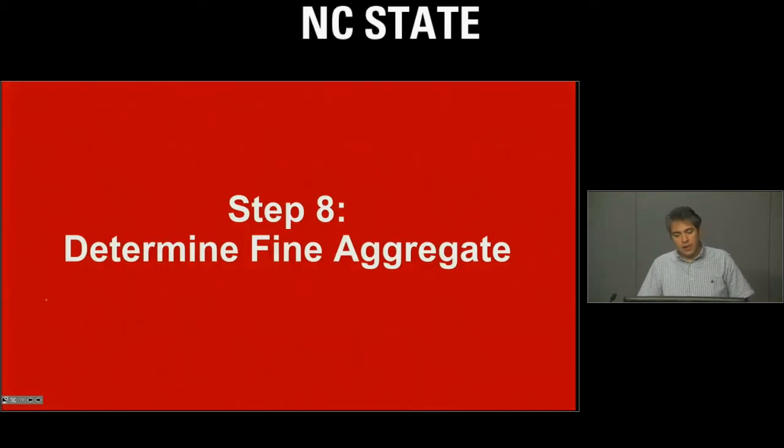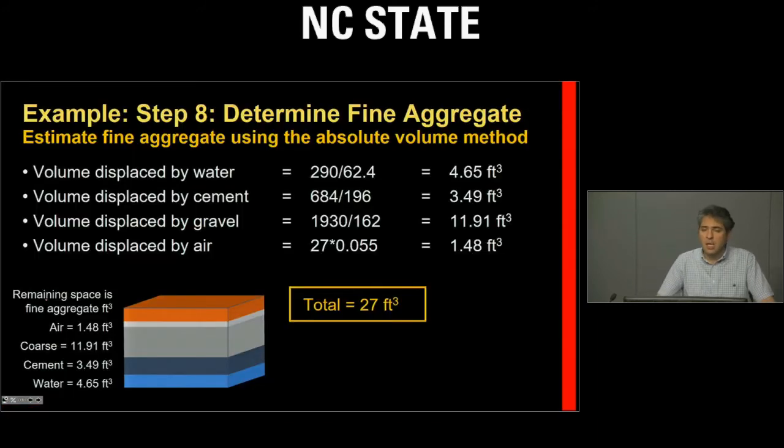Now we move over here to step 8, which is determining the fine aggregate content. This is based on the so-called absolute volume method. This is very straightforward. At this point, we only do some sort of accounting, and we account for the volume of the different components that go inside the concrete. Now, we have the weight of water, we divide that by the density of the water, and that will give us the volume of the water.